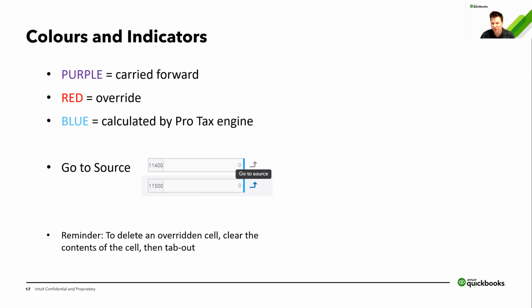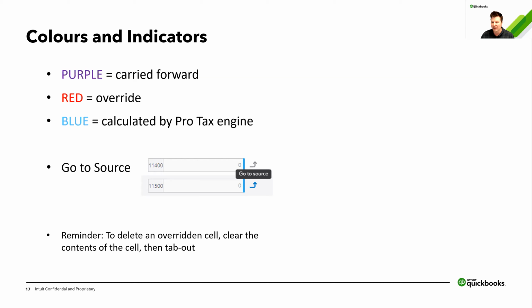If that is purple, that is a cell or field that has been carried forward from a previous return. So if you're carrying forward returns from previous years, you will see those cells in purple. And if it is blue, it is something that is calculated by the ProTax engine. Any of the cells that rely on ProTax's engine to make calculations for taxes will show in blue.